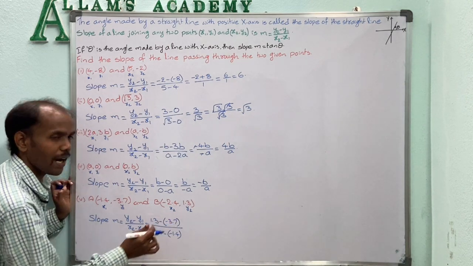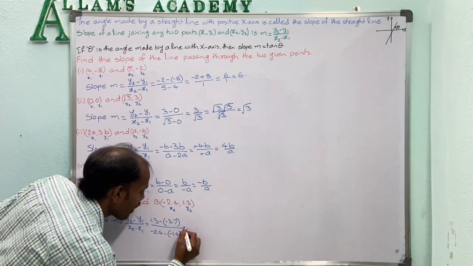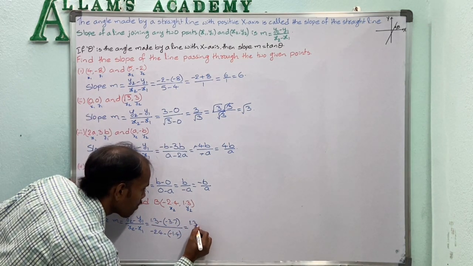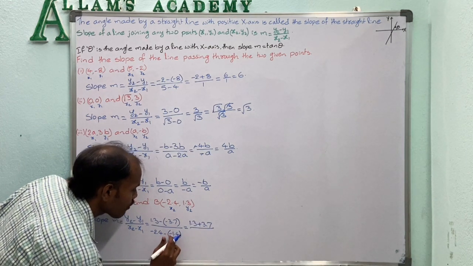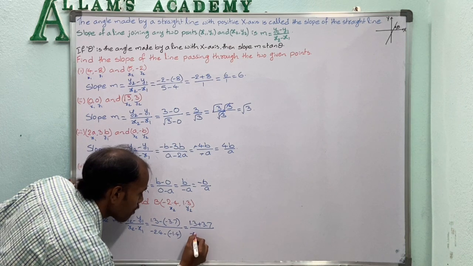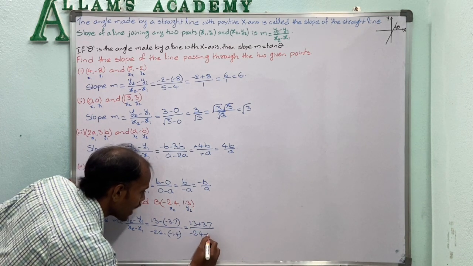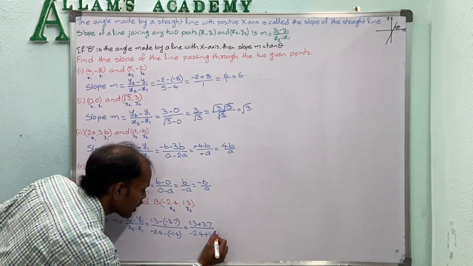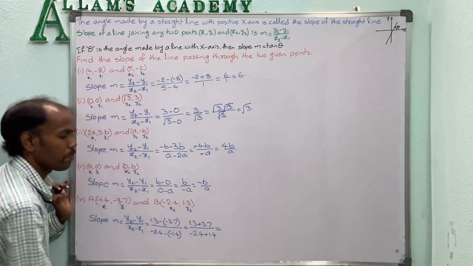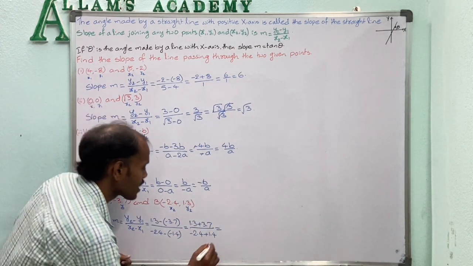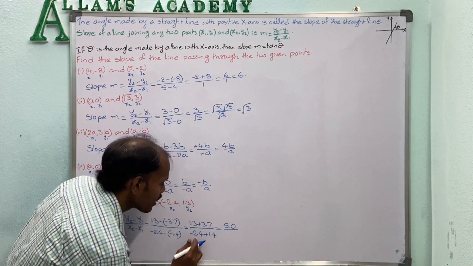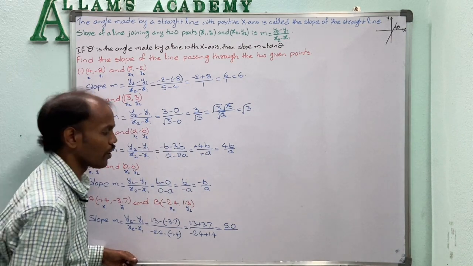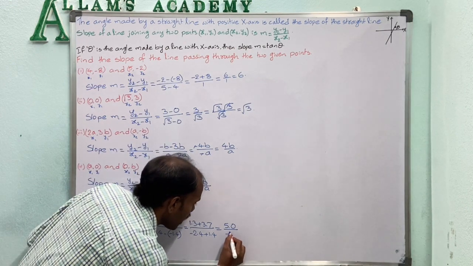1.4. Minus of -3.7 is plus 3.7. So 1.3 plus 3.7, over minus of -1.4 is plus 1.4. So -2.4 plus 1.4. 1.3 plus 3.7 is 5.0, over -2.4 plus 1.4 that is -1.0.